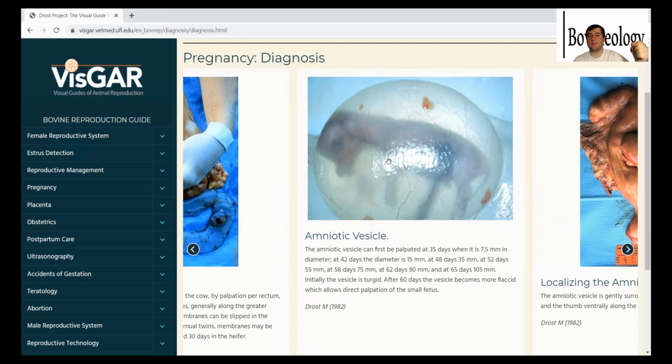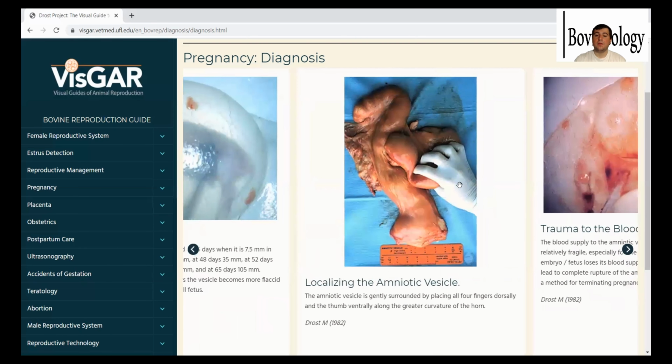So you want to retract the entire uterus and feel the entire horn so you don't miss the pregnancy. The amniotic vesicle feels like an olive, and you can squeeze it a little bit. Don't rupture it, but you can squeeze it a little bit, and the feeling is actually interesting. Here we have another picture of how to localize the amniotic vesicle.